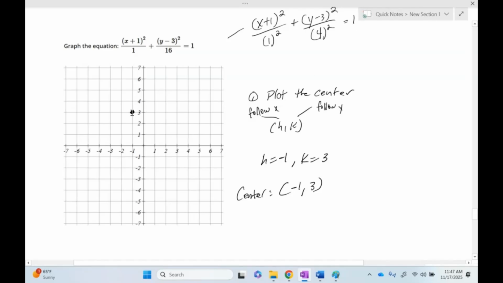So from the center, I'm going to move along my y-axis. Since A is 4, from the center, I'm going to go up 4, 1, 2, 3, 4. From the center, I'm going to go down 4, 1, 2, 3, 4.